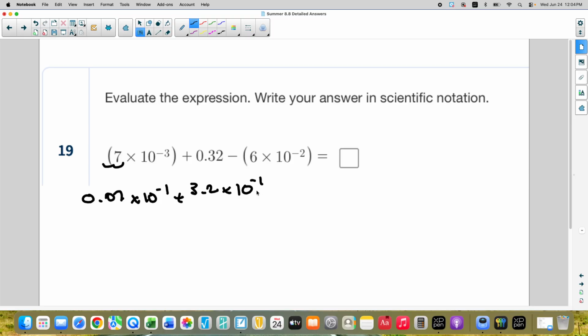So now we can add the numbers together, and that's going to be 3.27 times 10 to the -1. So we just added those two together. And then we can subtract this. Let's make this a -1.